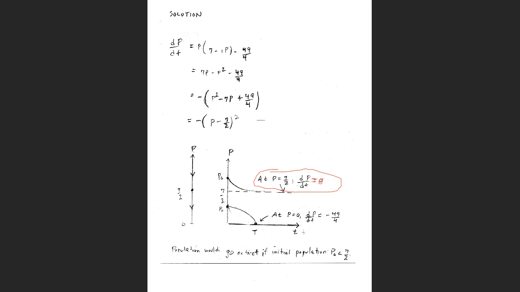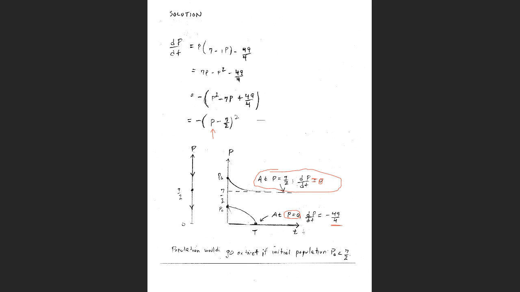But here's something that's interesting. When P is equal to 0, that means when the population's extinct, the derivative is negative 49/4. Just substitute P equals 0 into the differential equation.